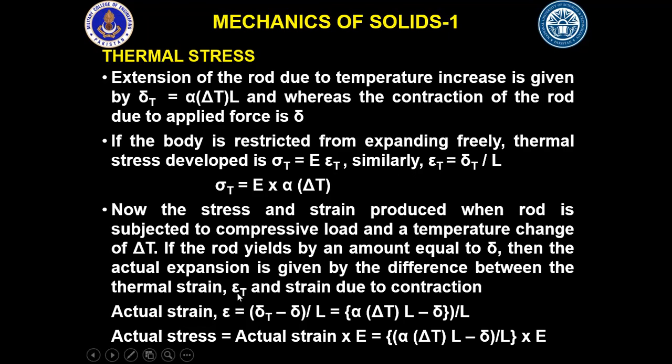So whenever there is an expansion, we take it as plus, and there is an internal strain which is due to contraction as well, and that is because of some applied load, as mentioned over here, when the rod is subjected to compressive load. So we are adding both of these over here, so that we get the overall strain in the rod.